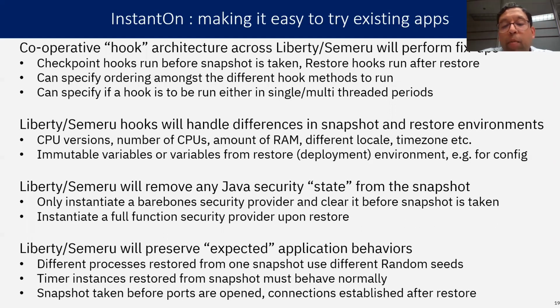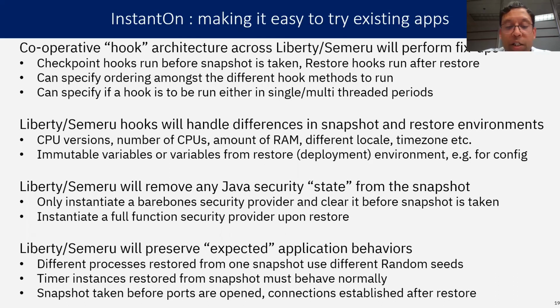So on the restore side, we do the necessary adjustments so that different containers restored from the same CRIU image still use different random seeds. We also adjust for time. We don't want the potentially large amount of time that elapses between taking a snapshot and doing a restore to have detrimental effects when you restore.